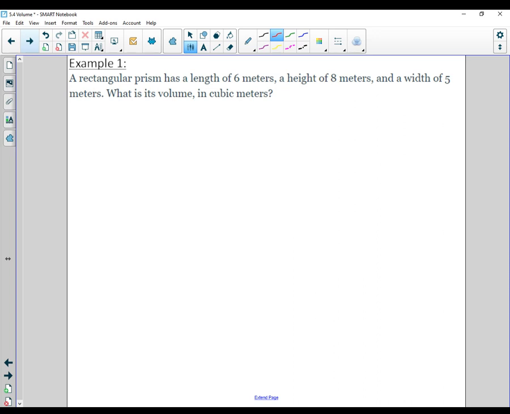Here's how the examples are on Delta Math. A rectangular prism has a length of 6 meters, a height of 8 meters, and a width of 5 meters. What is the volume in cubic meters? If it helps, you can maybe just make a fake little sketch here.